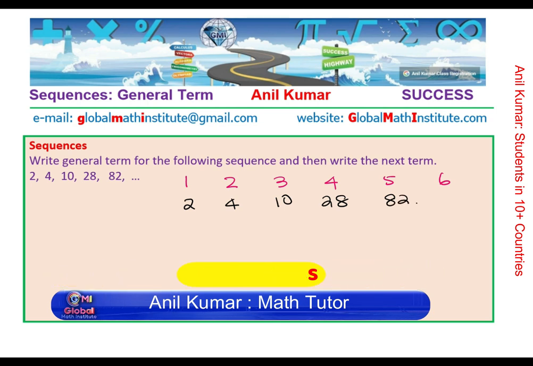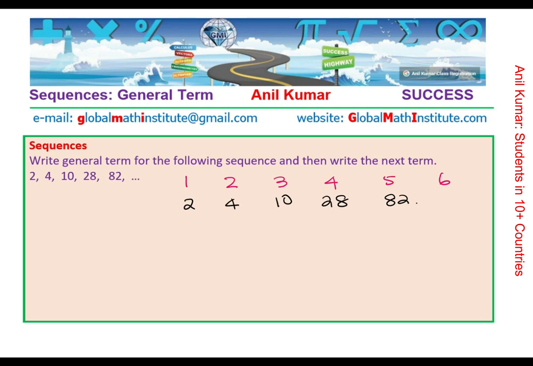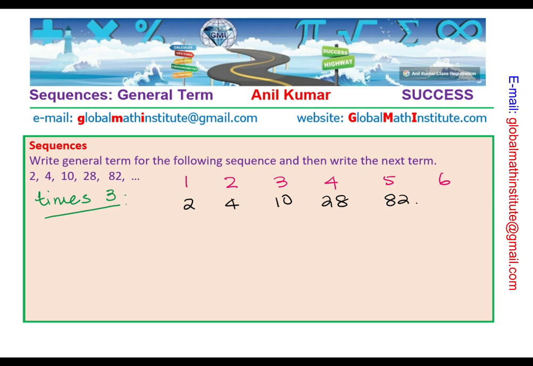So we know that it is times 3. 3 is critical. So let's write down the powers of 3. How do they relate with 2, 4, 10? We know 10 is 3 squared plus 1, and 3 cubed plus 1 is 28.